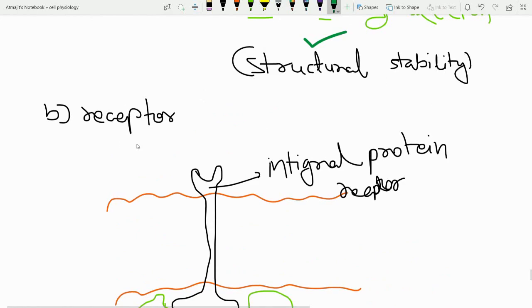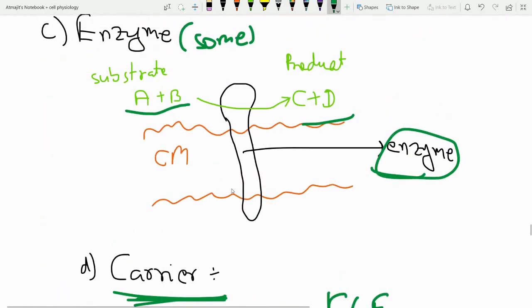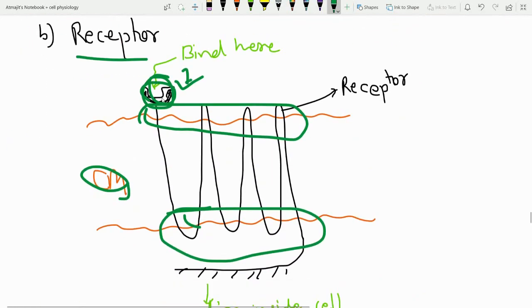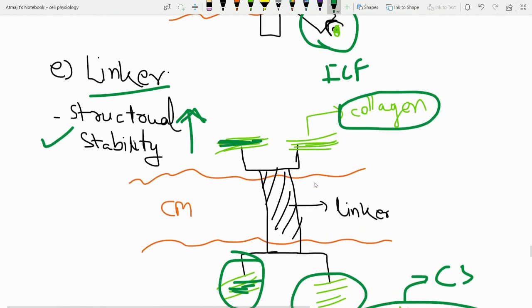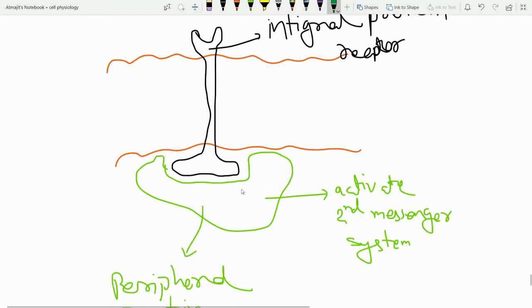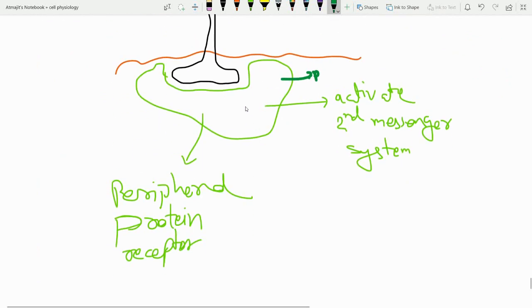Then receptor. Sometimes we saw in this figure receptors are here and it has some intracellular component or intracellular binding site or effector site. This effector site is sometimes connected with other proteins. This protein leads to a second messenger system.